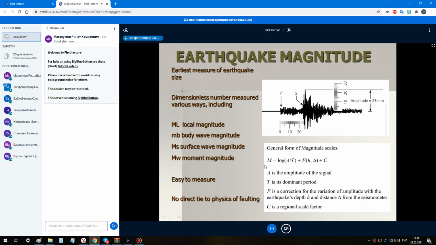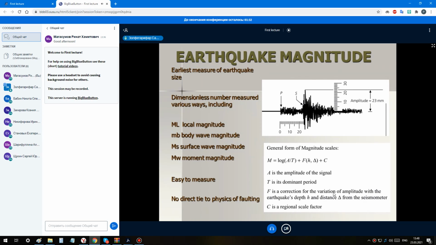M is equal to log base 10 of A per T plus F(H, delta) plus C. A is the amplitude of the signal. T is its dominant period.